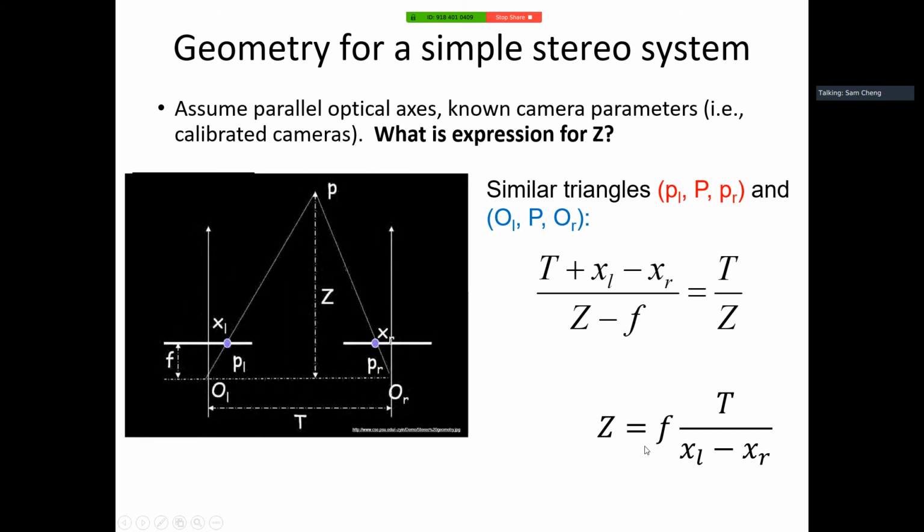So using this simple trigonometry, you see Z, the depth of this point, is just proportional to the disparity, basically proportional to XL minus XR here.